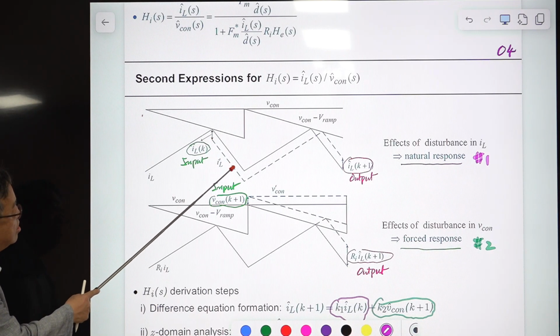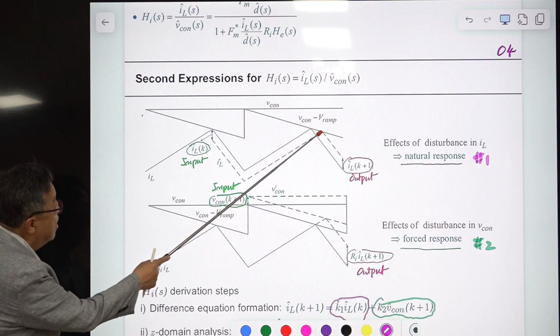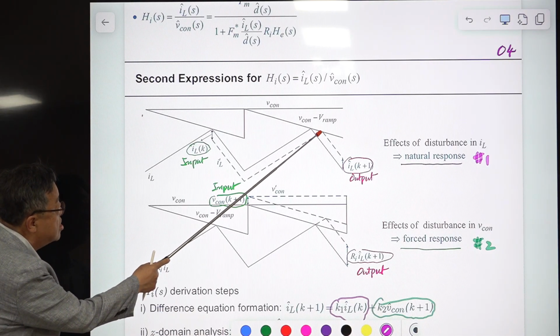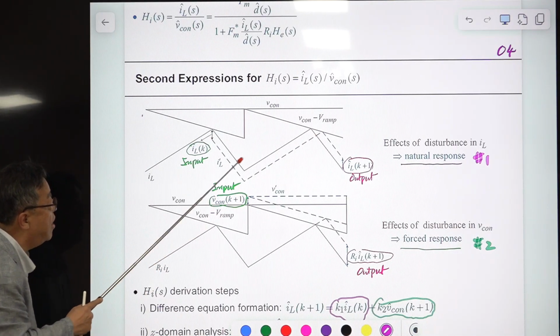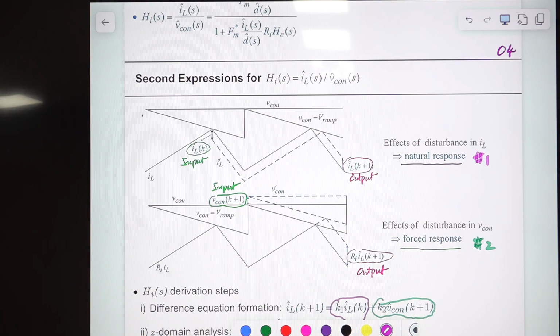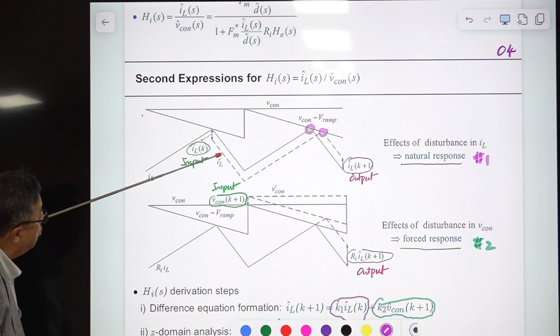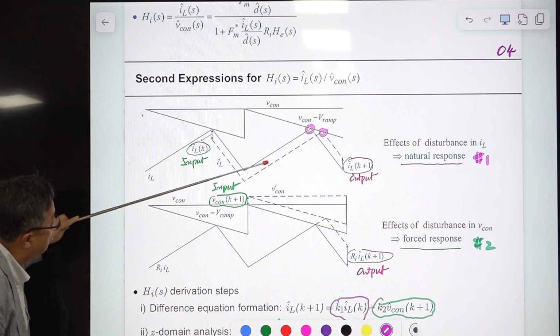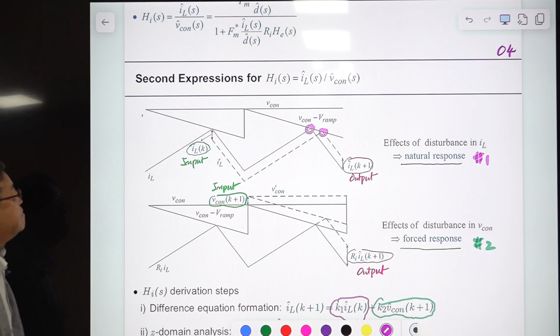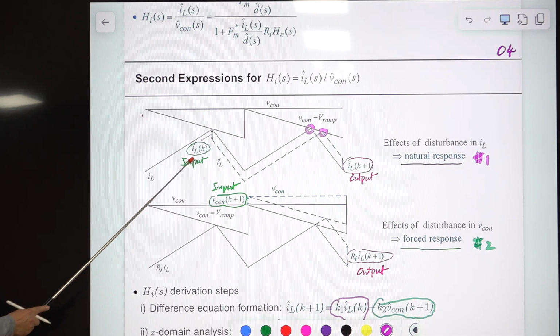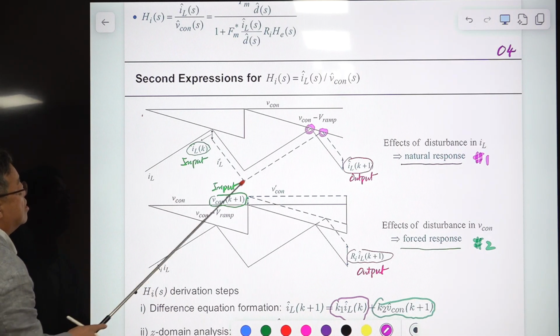Then it goes like this, and PWM occurs here. Without this disturbance, PWM should occur at this point. But with this disturbed inductor current, the PWM occurs here. So the relation between this and this is the difference equation.